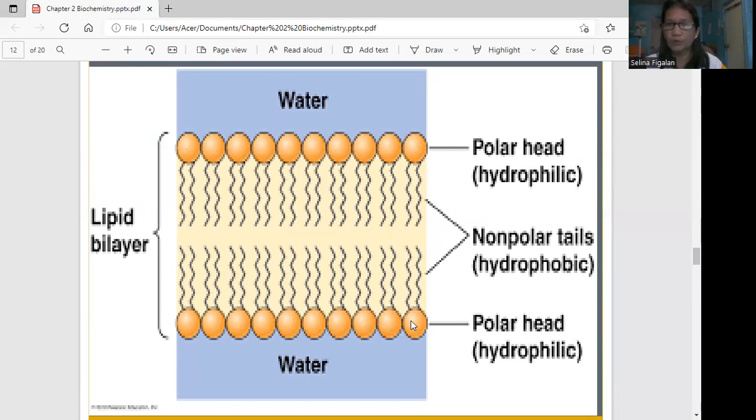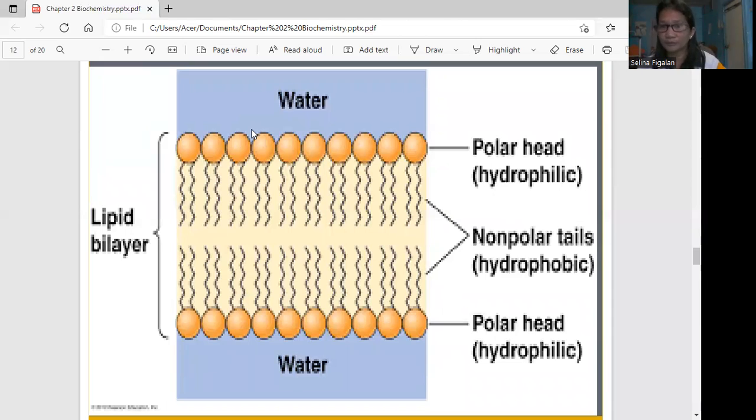Ang cell membrane ay ginawa siyang, there are polar heads, para siyang tadpoles, kung napapansin ninyo. Ang tails ay nasa gitna. That is what we call the non-polar tails. Ang lahat ng tails ng tadpole ay nasa gitna ng cell membrane, at yung mga itlog nito na tinatawag na polar head ay yun ang naka-attach sa water. Ito yung sinasabi ko sa inyo that when you say polar, they are hydrophilic.